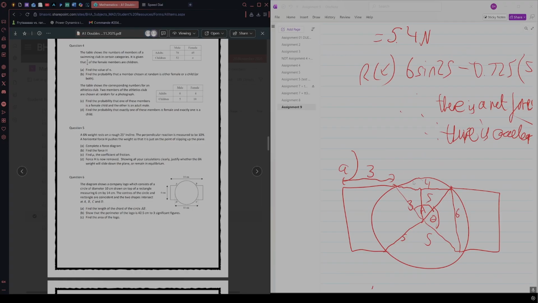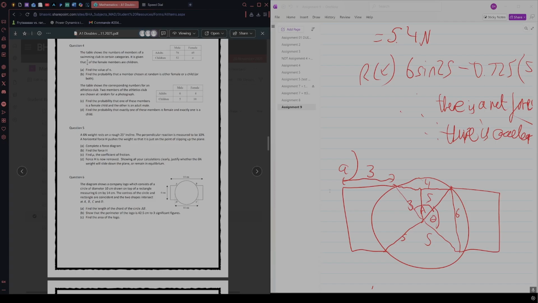So the chord AB. You have this triangle, this circle. You know that the radius is 5, so you know this is 5, and you know this is 5.